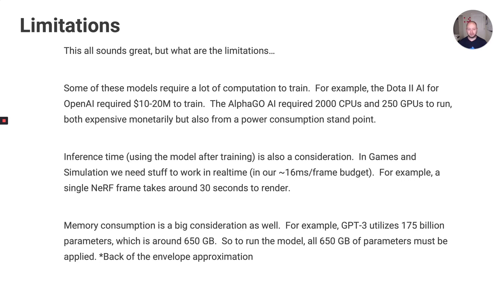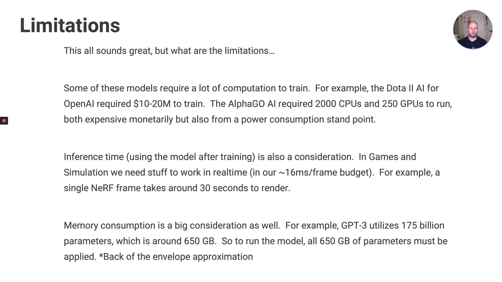So it's expensive from a computational access standpoint, and even from a power consumption standpoint, it's not a cheap thing to do. AlphaGo largely used a Monte Carlo reinforcement learning approach, searching through a lot of data to figure out what the best next move would be. So that's great. In these scenarios, we don't really care too much about time and money. Okay, that's fine. So let's move on.